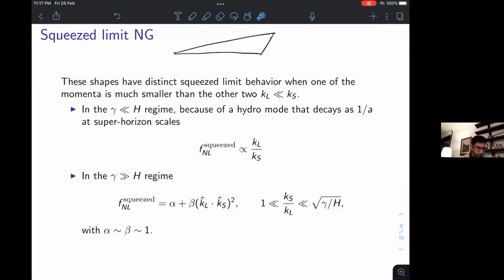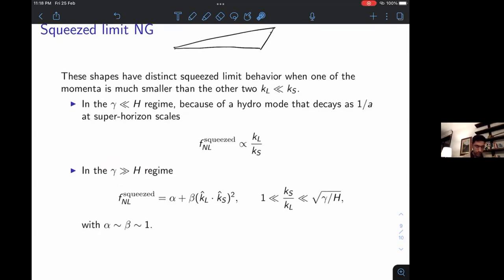For instance, in the regime of small friction, one can get a squeezed behavior that is k long over k short, and this is exactly in between the local shape and the equilateral shape. While in the large friction regime, there will be some period in which we have a squeezed limit that is not decaying. So this is somewhat similar to the local shape, but we also have some angular dependence, quadrupole angular dependence.